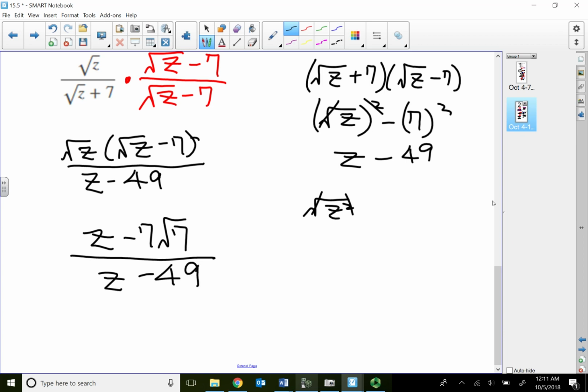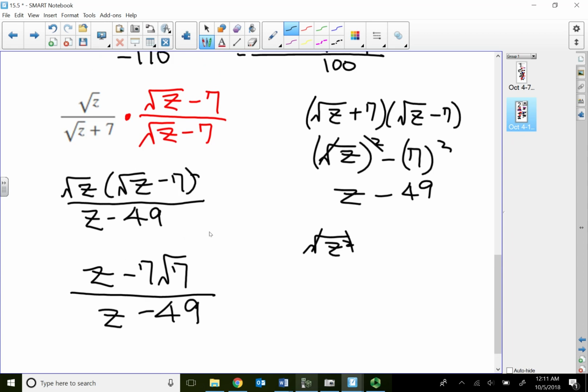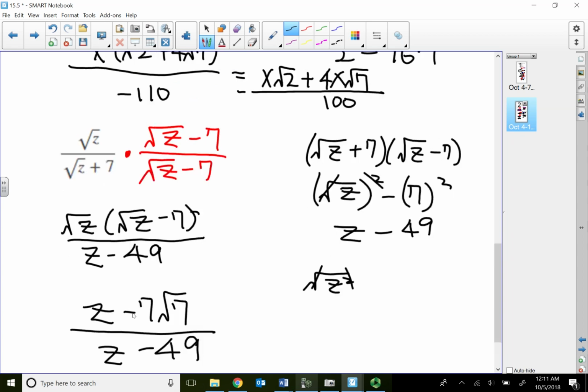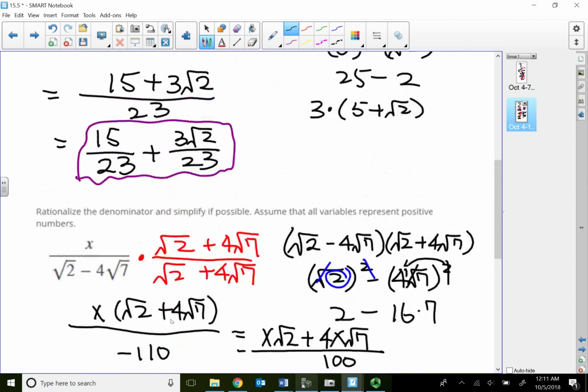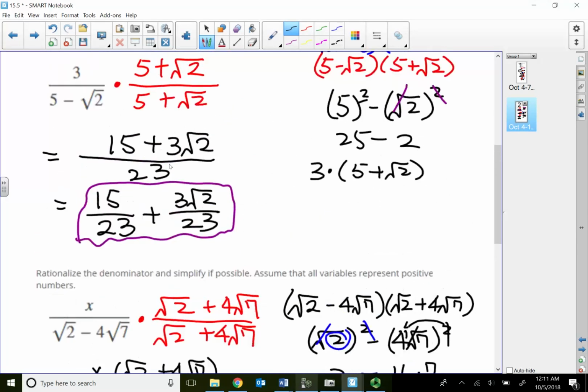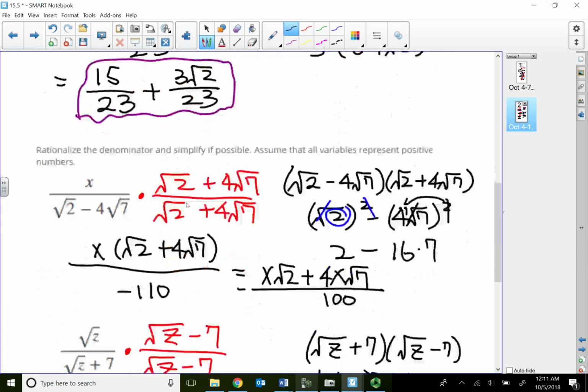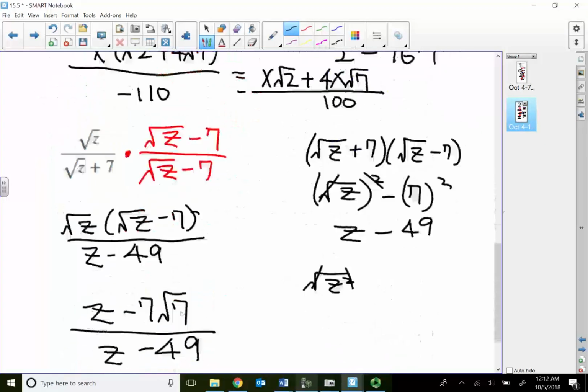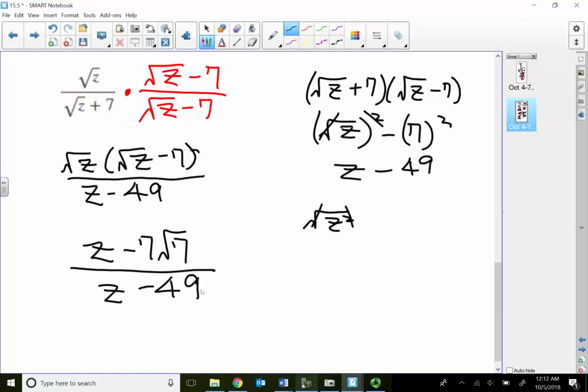Now be careful. You don't want to split this. The one I split earlier had only one term in the denominator. When you have multiple terms like this one, you try not to split them, because some students will say, let's have the z together and the negative 7 square root of z over 49 together.